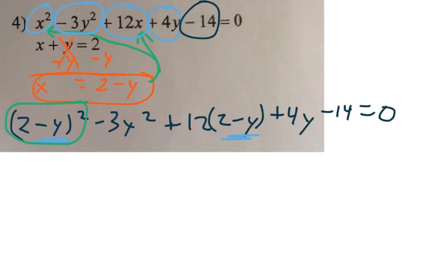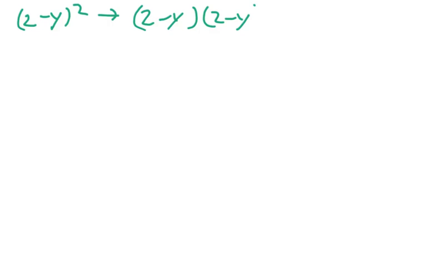Alright, so let me do a little side math here. This right here, for example, is something maybe you can even do in your head by now, but let me just go ahead and do it on a separate screen here, just make sure I have enough room. So 2 minus y squared, I hope you agree, means 2 minus y times 2 minus y. And we all better know our distributive property because it's on our final.